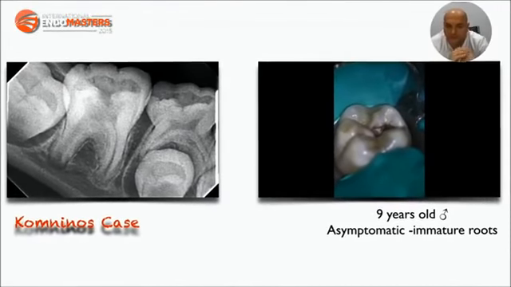So, in a case like Komnenos, a developing first mandibular molar with a deep carious lesion, what will be our treatment approach here? Our first concern here would be to avoid pulp exposure. Stepwise caries excavation may prevent pulp exposure in cases like Komnenos' case and offer a good long-term prognosis.